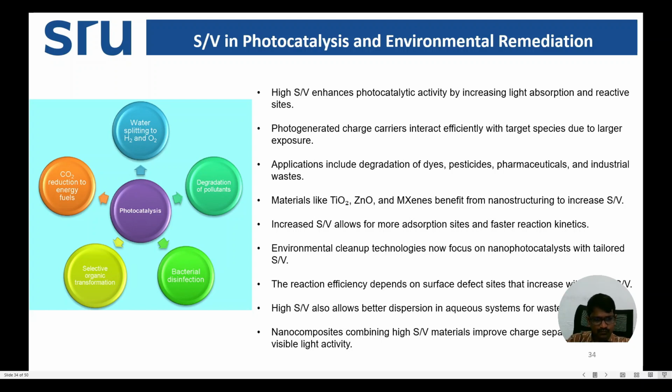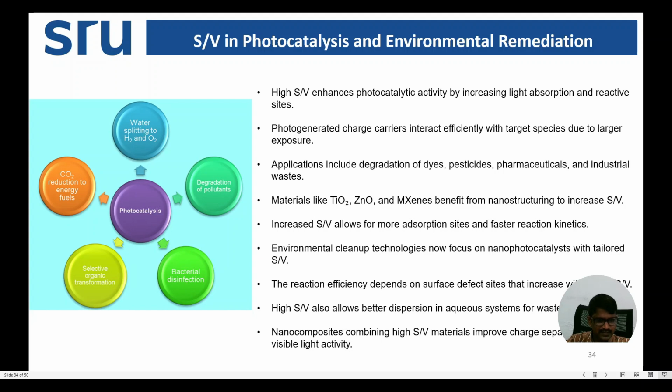You see here, by using photocatalysis, we can utilize the water splitting process to generate hydrogen and oxygen. Okay, and by using this process, we can degrade pollutants like air pollutants or water pollutants. And also with this process, we can do bacterial disinfection.